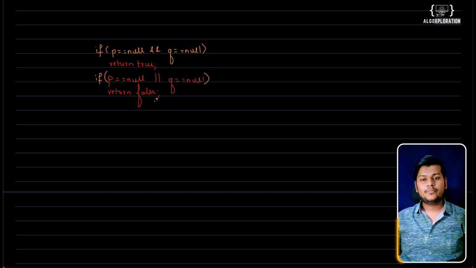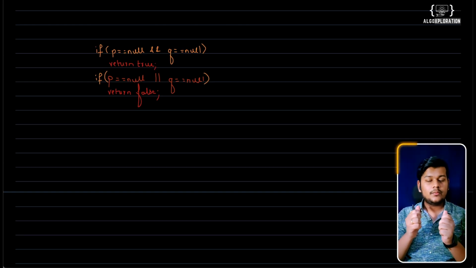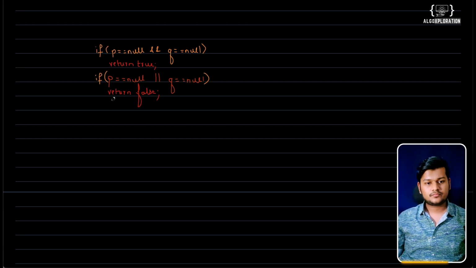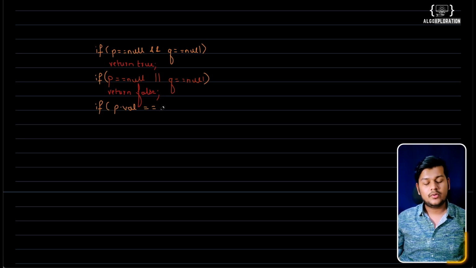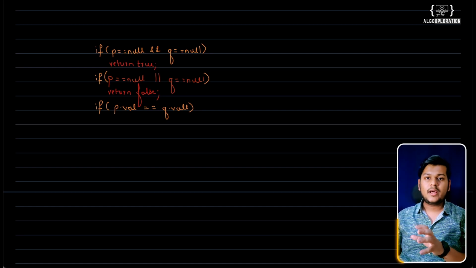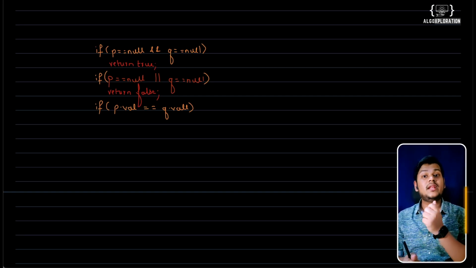Now, the third case will be both are having the same values. So if p.val is equal to q.val. If both are having the same values, then I need to go on the left hand side to search for the same tree.